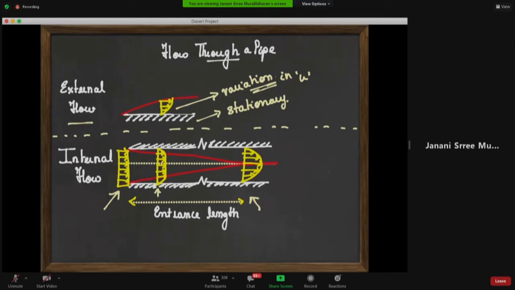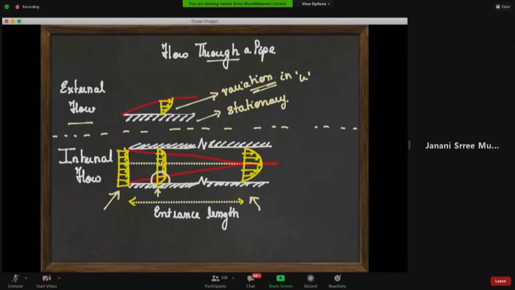So the layer of fluid right next to the boundary is going to remain stationary. So there is some velocity profile that's developing, right? But it is only the layer right next to the wall which has realized there is a wall, and the information has not propagated yet to the entire pipe.